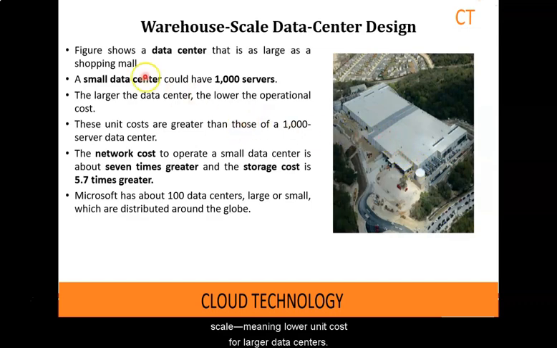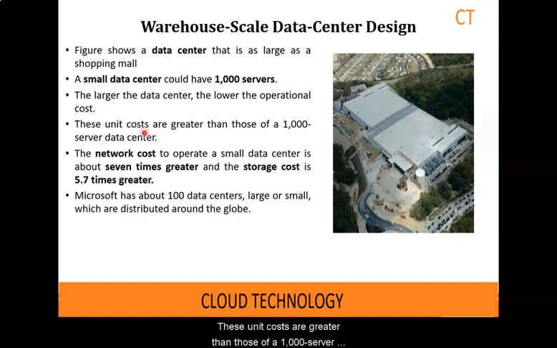A small data center could have 1,000 servers. The larger the data center, the lower the operational cost. The approximate monthly cost to operate a huge 400 server data center is estimated by network cost of $13 per megabits per second, storage cost of $0.4 per GB, and administration cost.